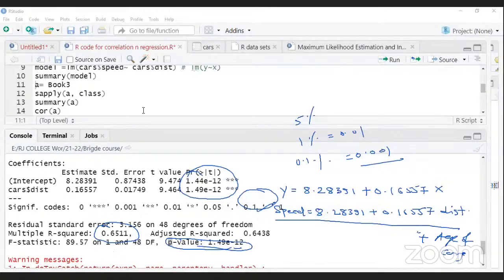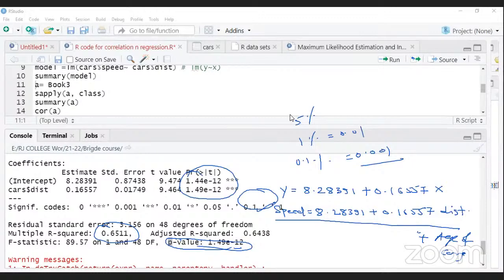Any question, anyone so far? Let me know first of all if you have any question. Otherwise, we will go with actual data. This is the data which is inbuilt. Now we'll work on actual data, with some examples, so that you will understand. Any question, anyone? If no question, type Y in the chat box.